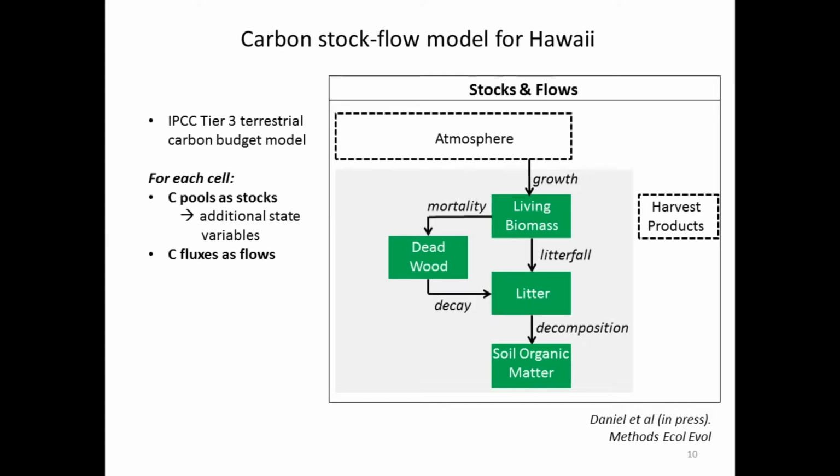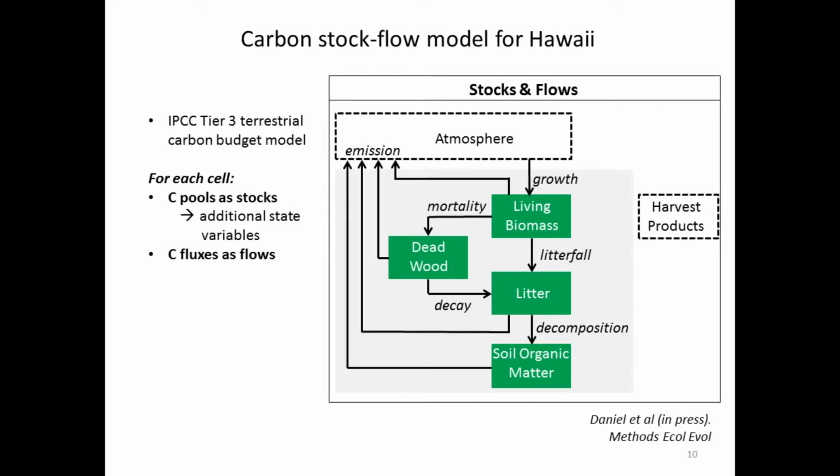We had several other flows to then move that carbon around over time within the different pools, and then a set of flows that moved carbon over time back to the atmosphere due to emissions. And then we had a flow where we allowed some of the living biomass to be transitioned into harvest products. That was both for timber and for agricultural products due to the harvesting of the living biomass.